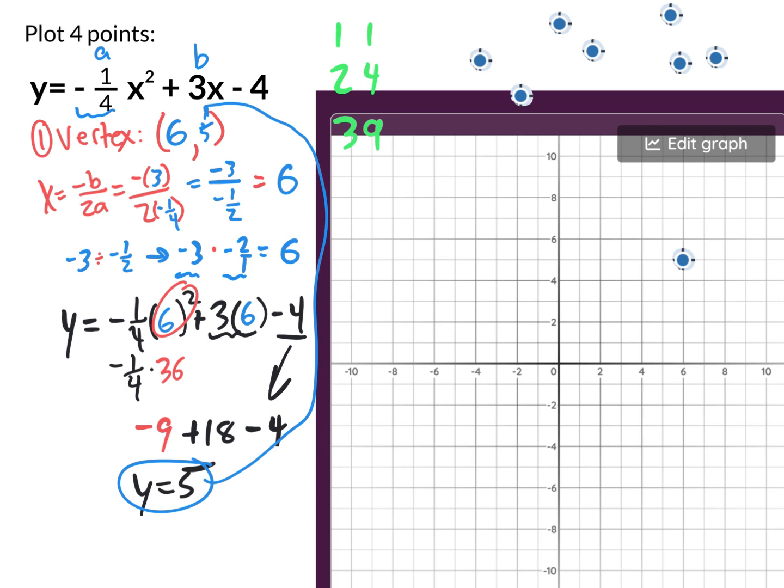Okay, so you're going to have to multiply everything by this new a value of negative 1/4. I'm talking about the outputs only, the 1, the 4, and the 9. So multiply each by negative 1/4. Now your new outputs are going to be negative 1/4, negative 1, and negative 9/4.